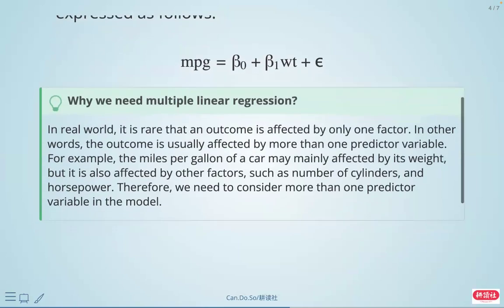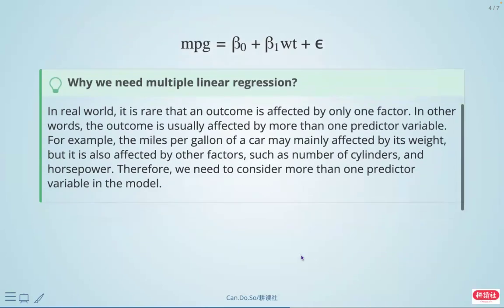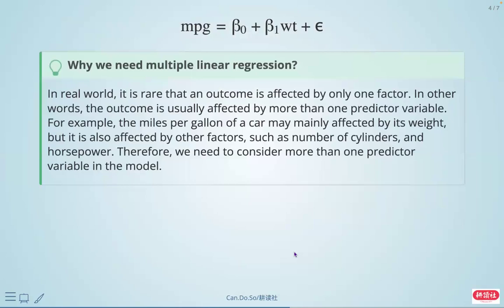So why do we need multiple linear regression? In the real world, it is rare that an outcome is affected by only one factor. In other words, an outcome is normally the result of many different factors.